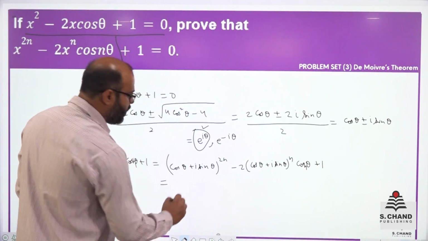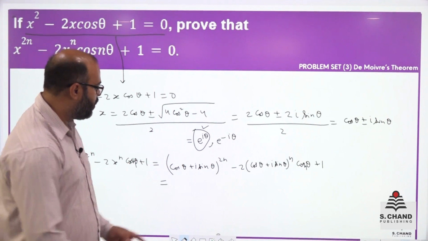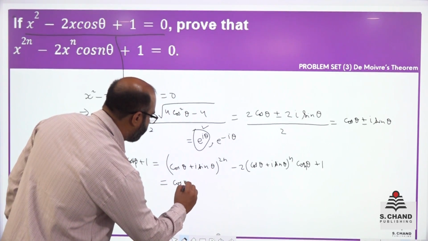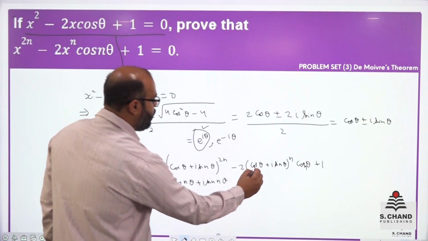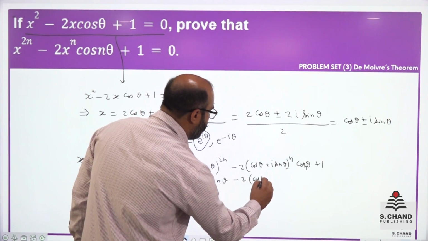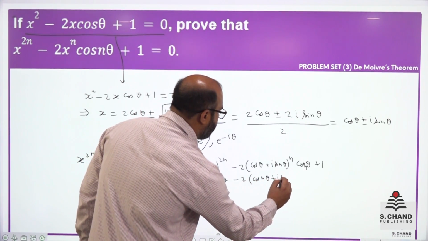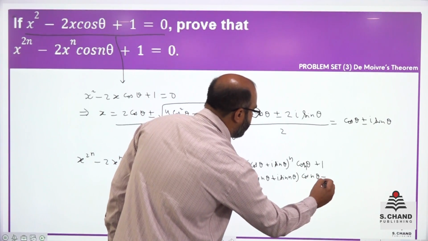Now apply De Moivre's theorem. What was De Moivre's theorem? This power will multiply with theta. So this will become cos n theta plus i sin n theta, and here n multiplied, minus 2 cos n theta plus i sin n theta into cos n theta plus 1.